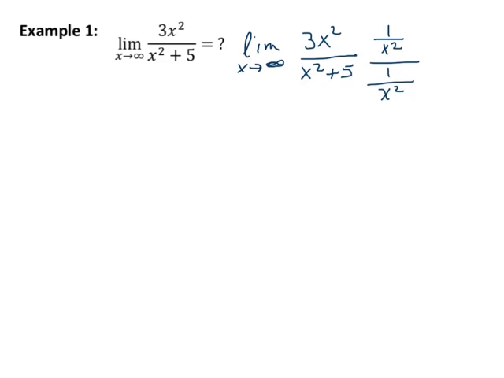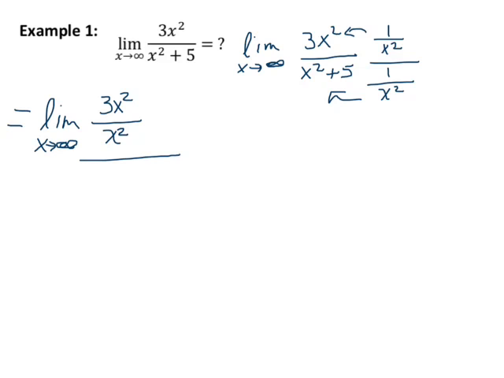So, let's continue. When we distribute this in to all terms there, we're going to get the limit as x approaches infinity of 3x squared divided by x squared over x squared divided by x squared plus 5 over x squared.